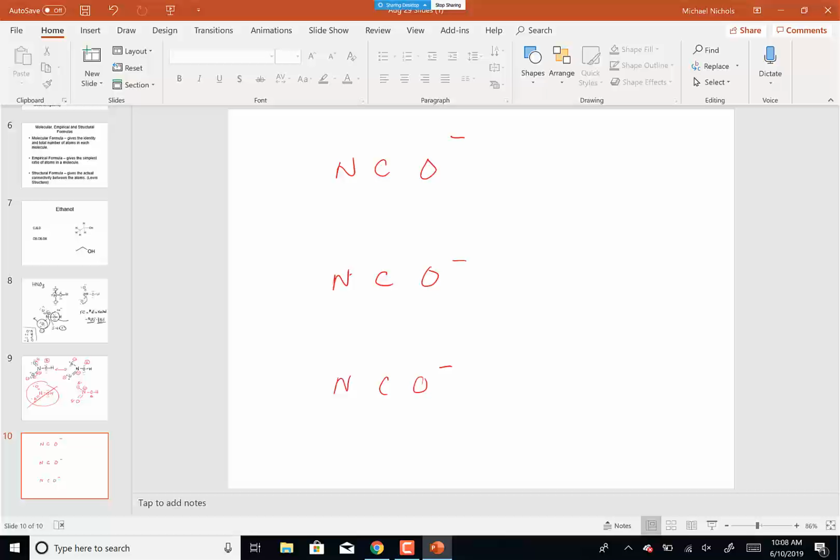For our NCO minus, draw a legitimate resonance structure for NCO. And by legitimate, what I mean is you didn't violate the octet rule, and all the formal charges add up to -1. All you got to do is draw one.